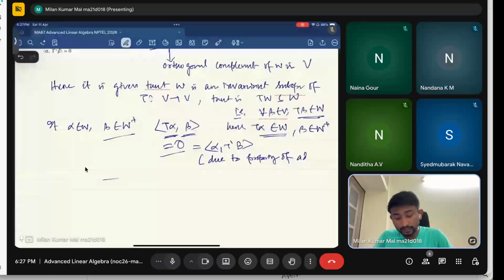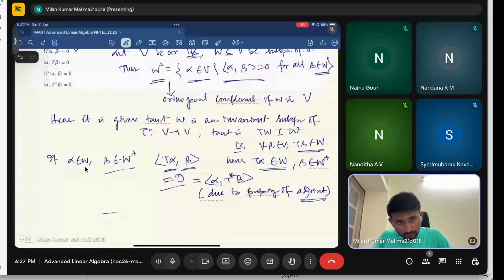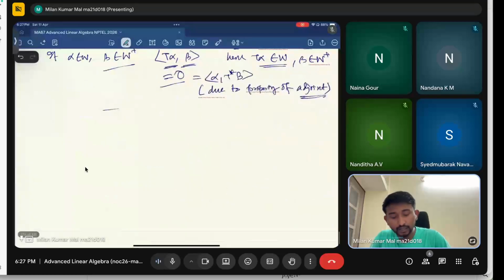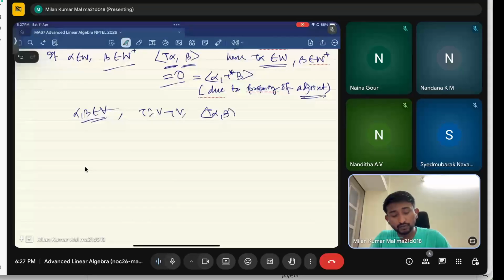So the last option is also, as an option, incorrect, but as a statement it is correct, because the inner product of T alpha and beta is the same as alpha and T star beta. This is how the adjoint is defined for any vectors alpha, beta coming from the vector space V, where T is a linear operator from V to V and T star is its adjoint: inner product of T alpha, beta equals inner product of alpha, T star beta.